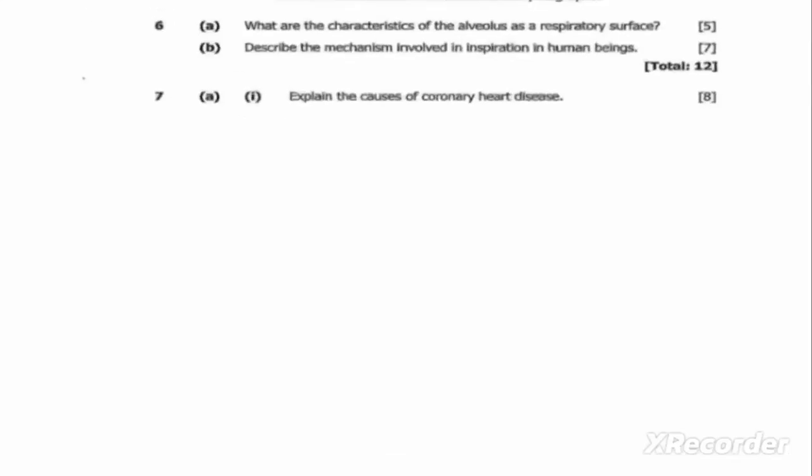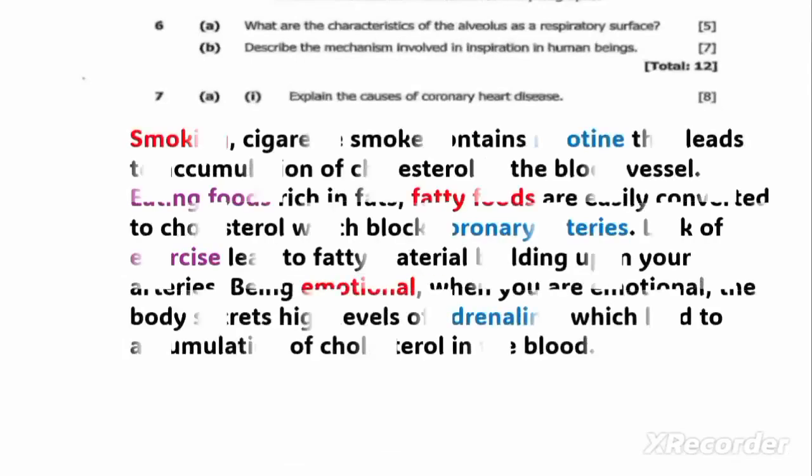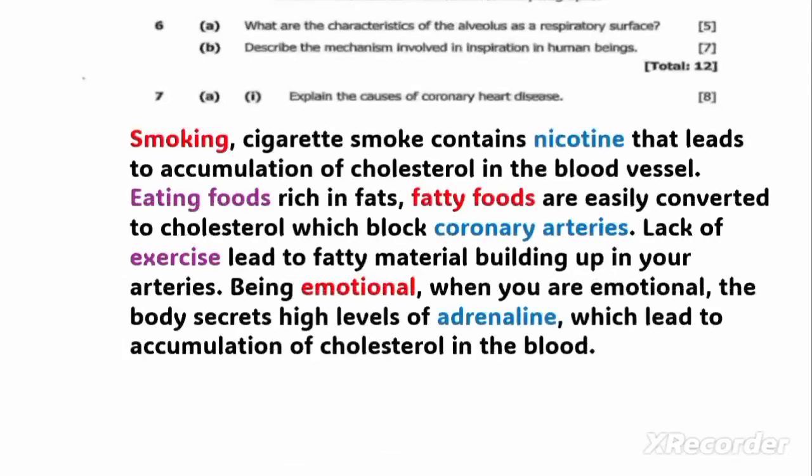So what are the causes of coronary heart disease? What will make the arteries to be blocked? So therefore we are going to say smoking. Cigarette smoke contains nicotine. So this nicotine leads to accumulation of cholesterol in the blood. So the cholesterol blocks the blood vessel, blocks the coronary artery, thereby leading to coronary heart disease.